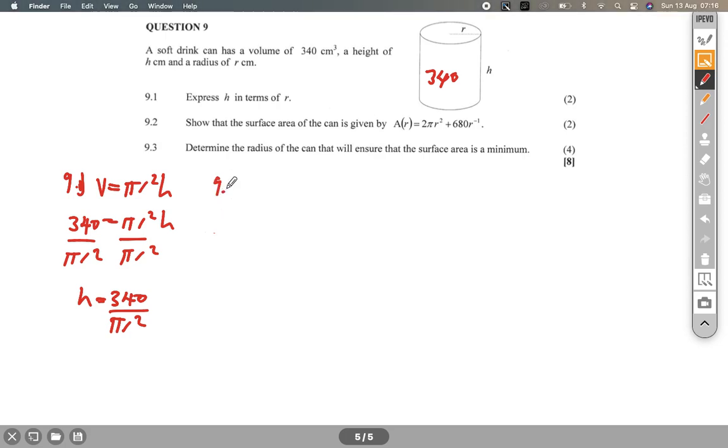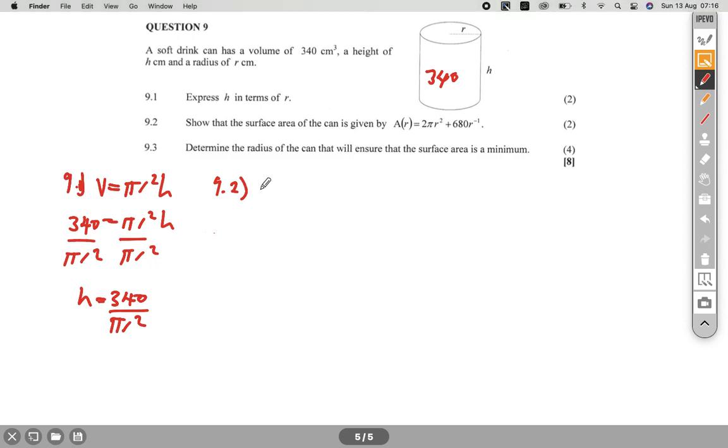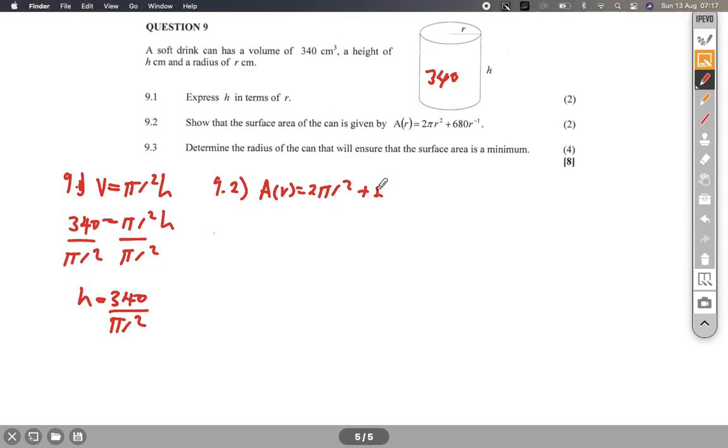Okay, and 9.2, show that the surface area of the can is given by 2 pi r squared plus 680 r to the power negative 1. So the formula for the surface area is 2 pi r squared plus 2 pi r h.